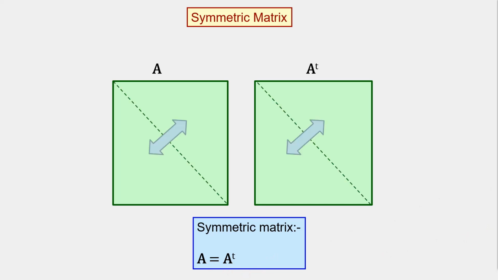Another way of saying that is that it is symmetric about its diagonal. We can interchange rows and columns and end up with the transpose of the matrix, and that transpose is equal to the original matrix if interchanging rows and columns does not actually change the matrix.